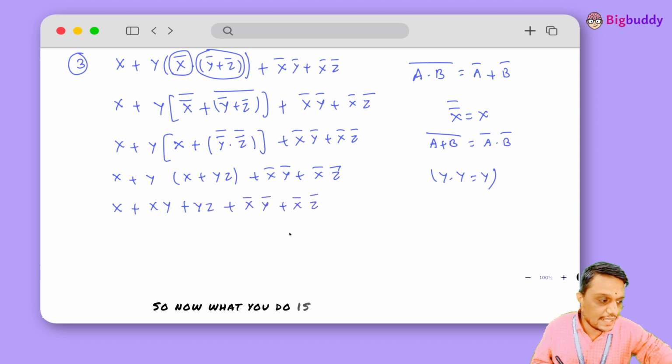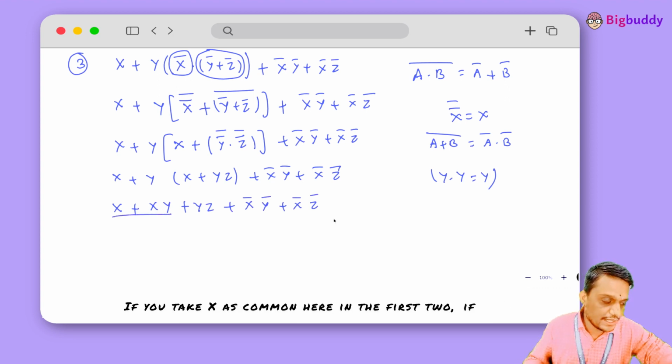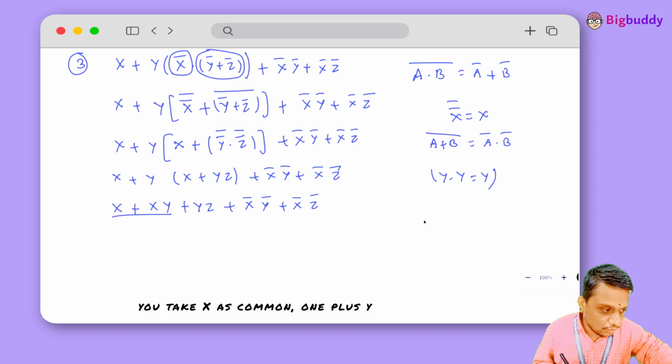So now what you do is take x as common in the first two. If you take x as common, 1 plus y is 1 only. So x into 1 plus y, this will be x only.